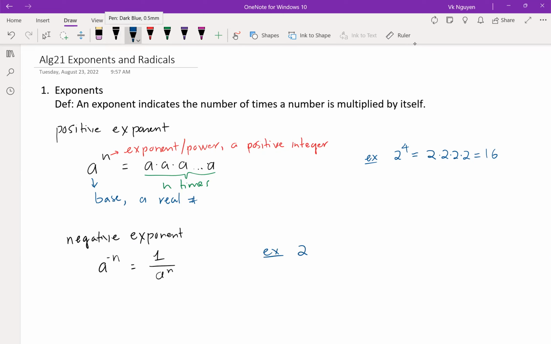Example, 2 to the negative 4 is 1 over 2 to the 4, which is 1 over 16. The positive and negative exponents are useful to derive properties of exponents.